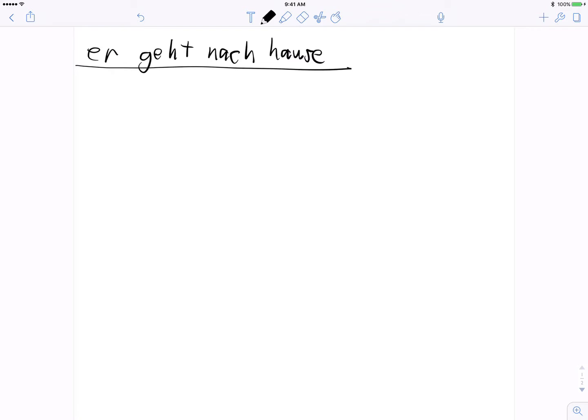For every one of these words, we're going to assume that there's a couple of ways to translate it. So for example, er could translate as he. Er could translate as it. We will draw a couple of boxes over here to indicate that he and it are both ways of translating er. Let's also take a look at geht. So let's say that geht could be translated as go or as goes.